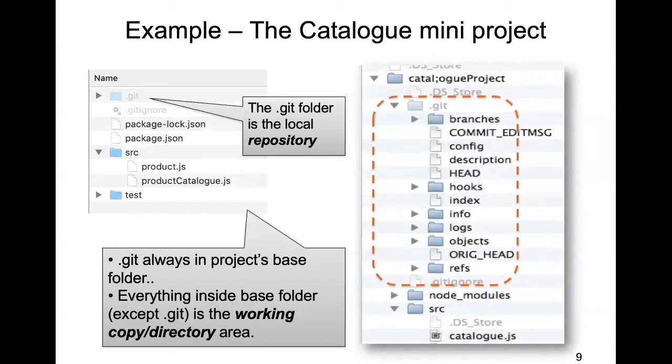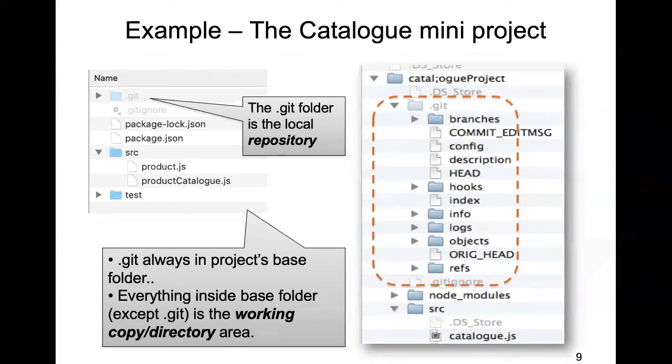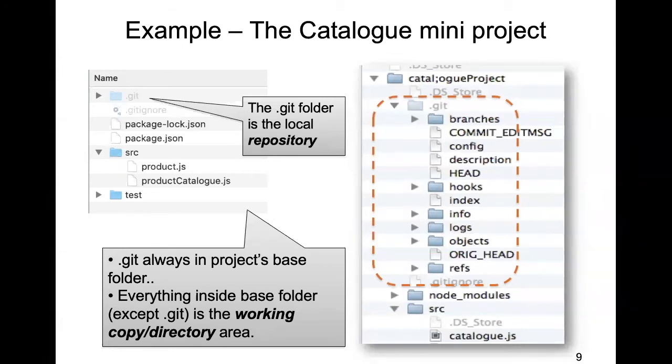So if I have a software project that I'm developing on my own machine, and I have a Git repository associated with that project, this is how it will look on your file system. And this is what we do in the labs associated with Git. I'm going to reuse that product catalog mini project again for convenience, and I'm going to be using Git to perform version control on my product catalog project.